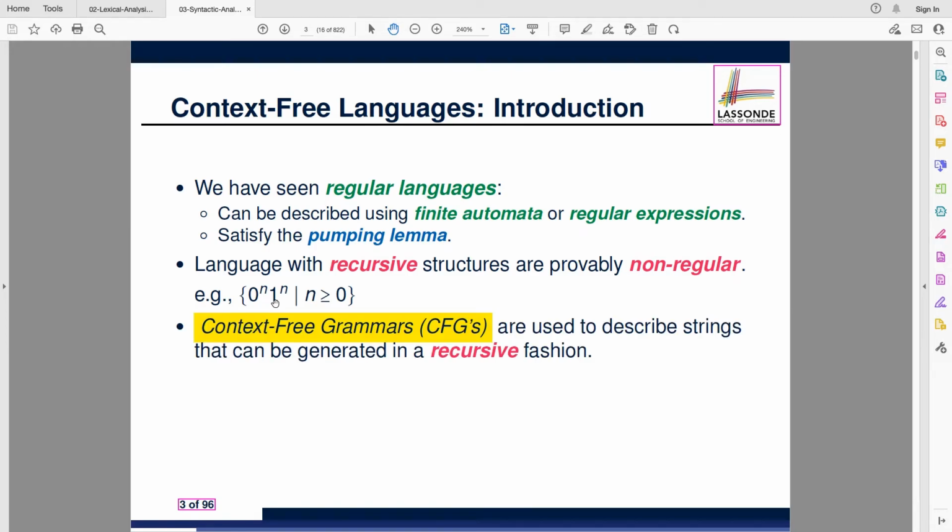Okay, context-free grammar. Anything that can be described in a recursive fashion, you can use context-free grammar. We'll give you some examples to brush up. For any language that can be represented by a context-free grammar, once you have a grammar, you will be able to derive an infinite number of strings from it. And those strings represent the context-free language.